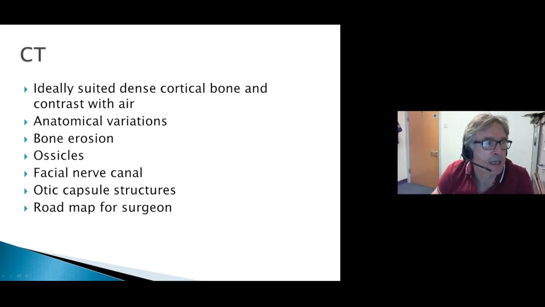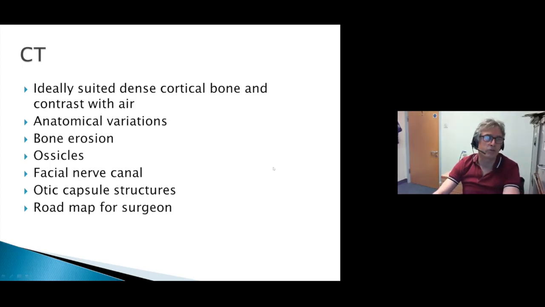It's great for detecting early and subtle bone erosion. We can analyze the ossicles and assess whether there's continuity between them. It's great for looking at the bony facial nerve canal and the Otic capsule structures. And perhaps most importantly for most of you, it gives us a good roadmap for the surgeon.